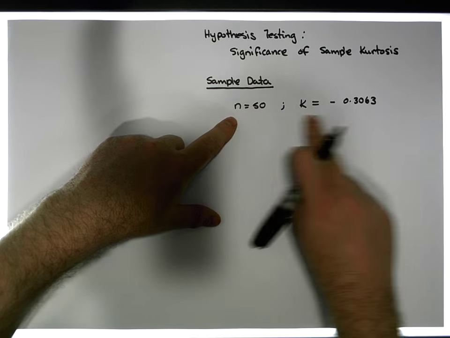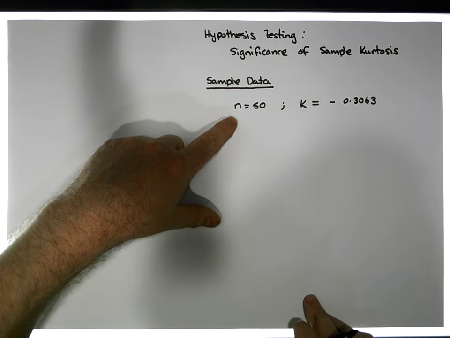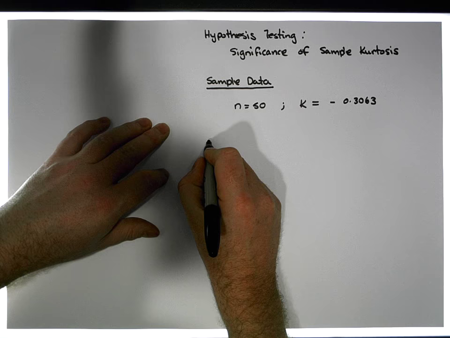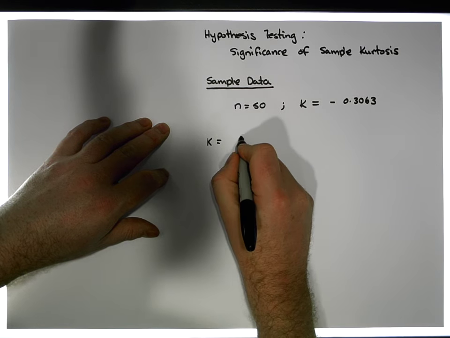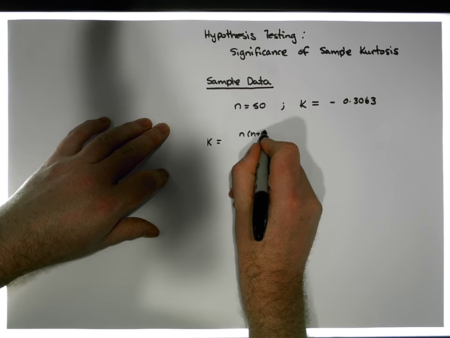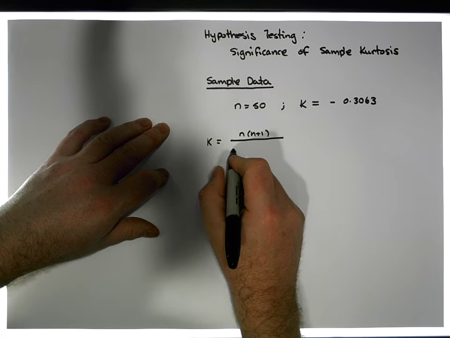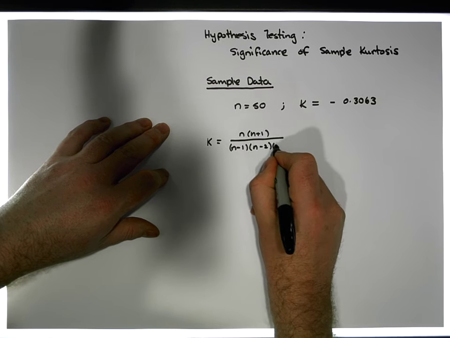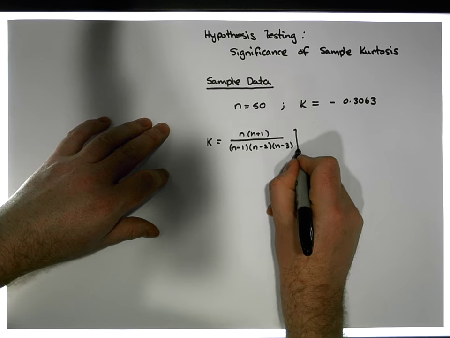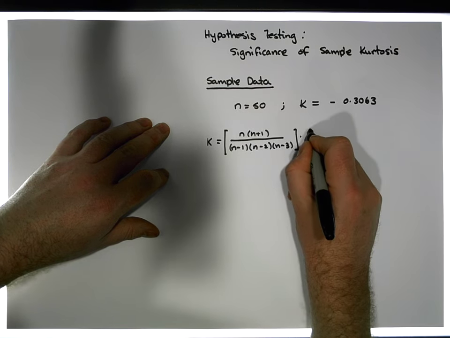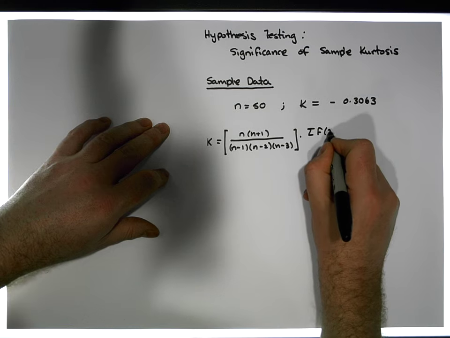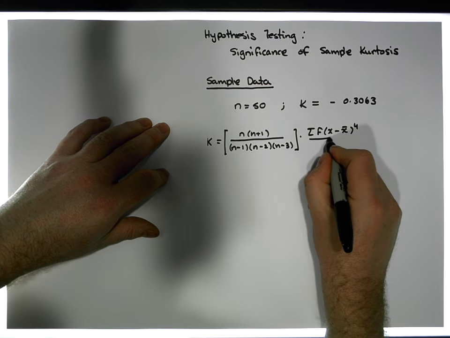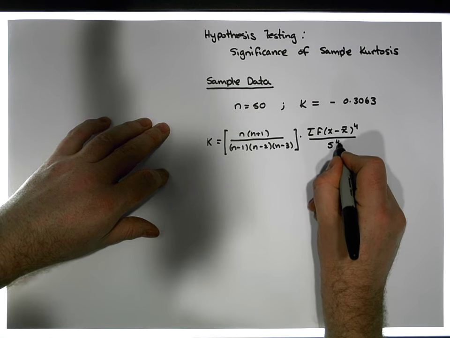Now, this particular calculation that we performed was based off a particular statistic. I'll just write it down. We're not actually going to do the calculation again, but the statistic was K equal to n times (n plus 1), divided by (n minus 1) times (n minus 2) times (n minus 3), where n is the sample size. And in the video we did this calculation times the sum of the frequencies times the x's minus the x bars raised to the power of 4, all divided by the sample standard deviation raised to the power of 4.